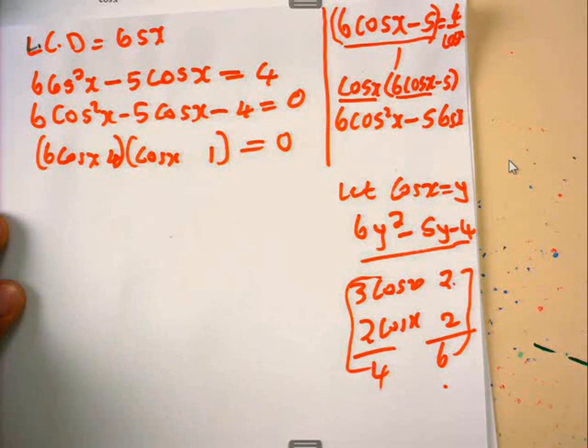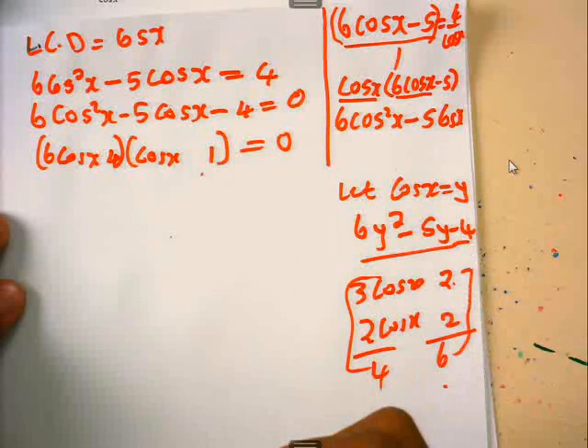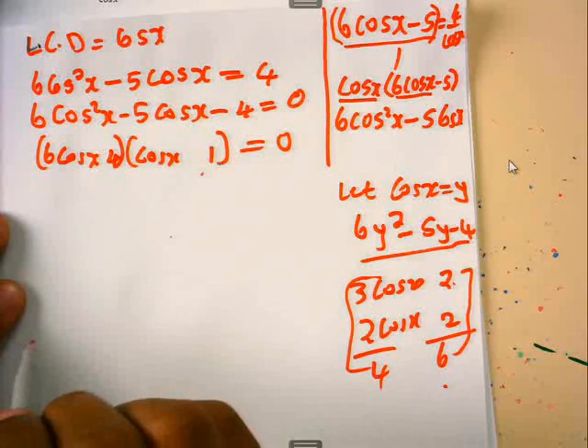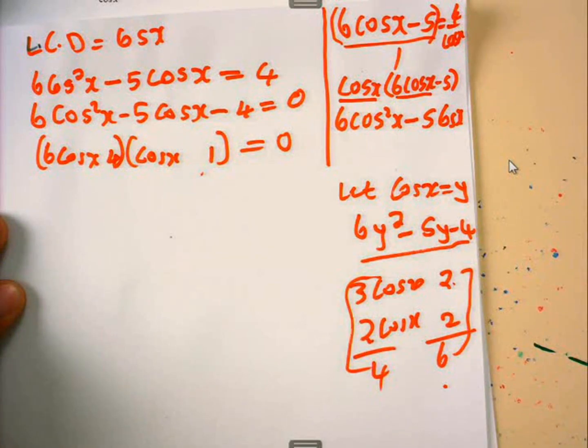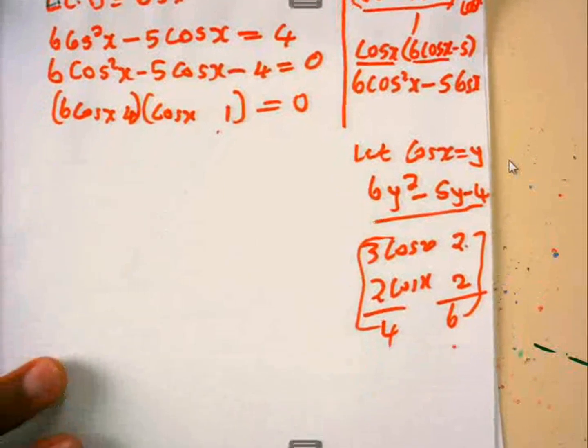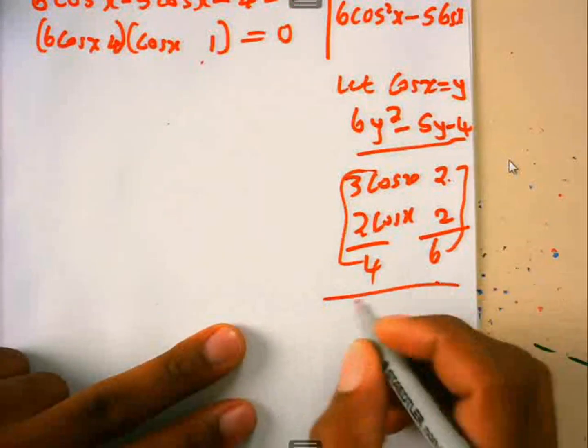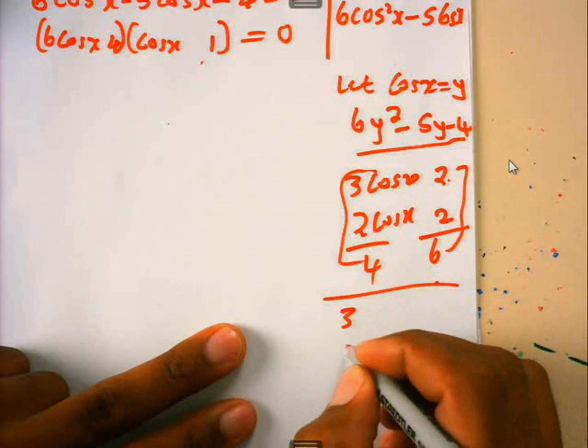You still have to check: 6 multiplied by 1 is 6, and 4 times 1 is also 4. The difference between the two is still 2. So what are we left with? We are left with 3 as well as 2.